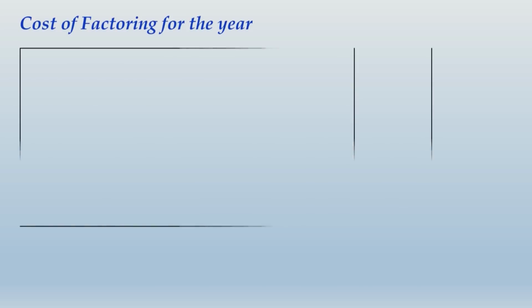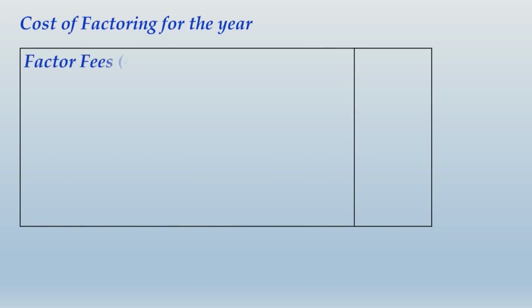After making the calculation of amount advanced and the interest thereon, we would calculate the overall cost of factoring for the year. Now the factor fees: in the year the factor is overall going to make collection of 48 lakhs, right? One cycle is of 3 months, and in a year there will be 12 months.